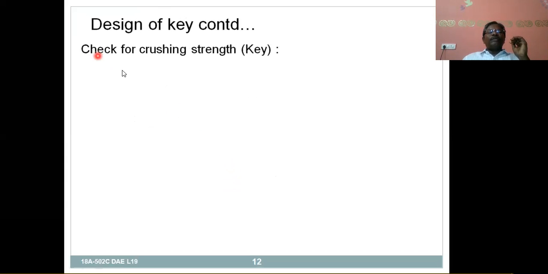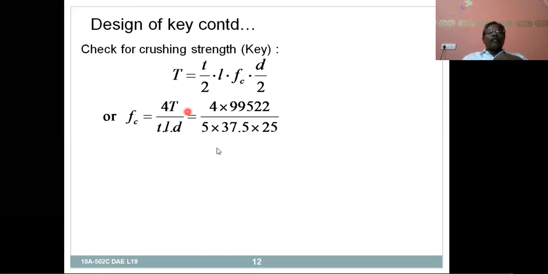And now check for crushing strength of the key, that is T is equal to T by 2 into L into Fc into D by 2, and Fc is equal to 4T by T L D. T is there for us, small d is also there, L is there, D is also there. Let us calculate the induced pressure stress, Fc: 84.9 Newton per millimeter square.